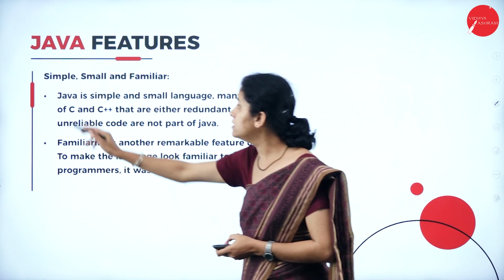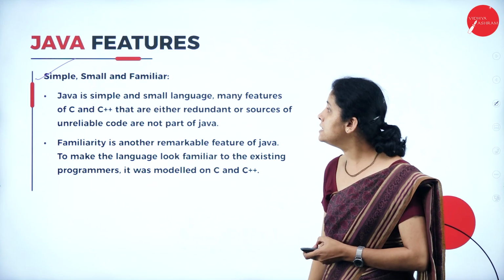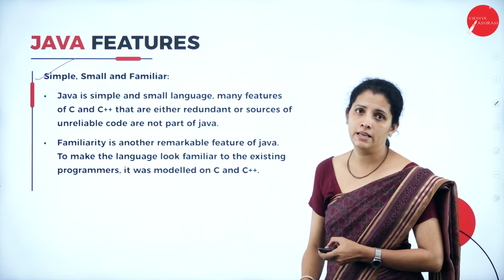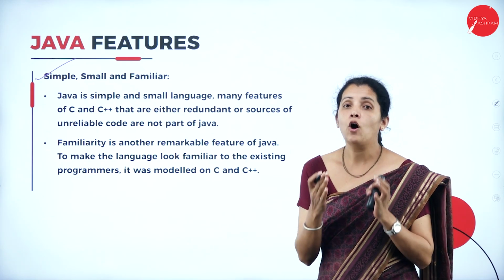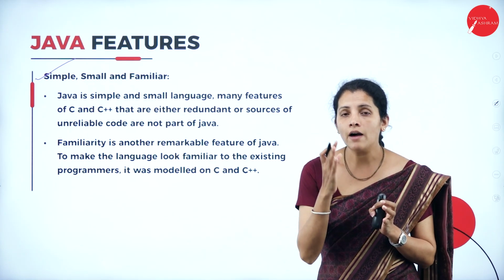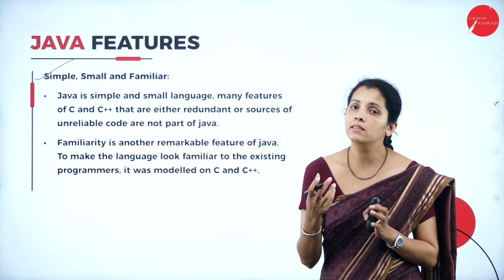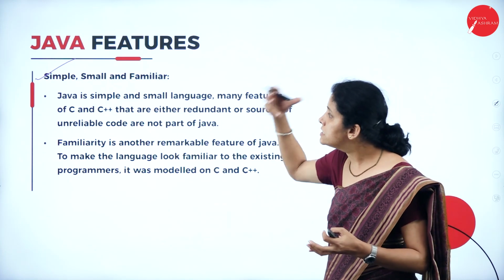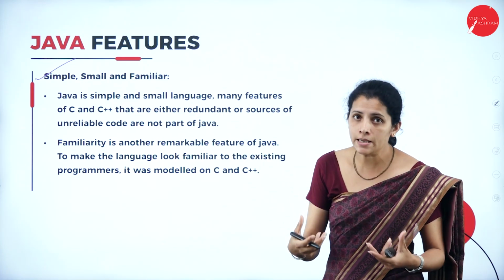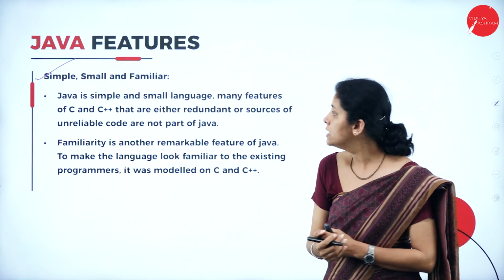Now, another feature I have here is simple, small and familiar. So dear student, to study or to learn Java, you do not require any other programming knowledge, because Java is very simple and very easy to understand and very easy to learn.